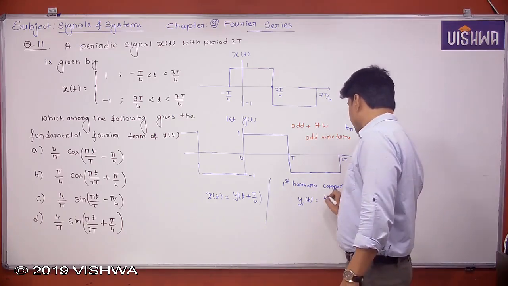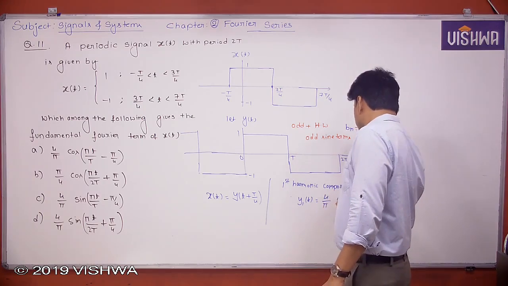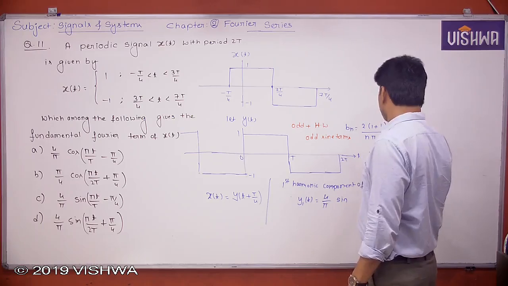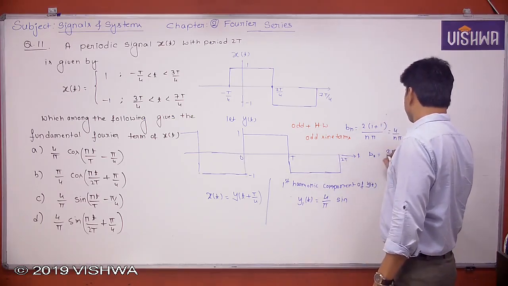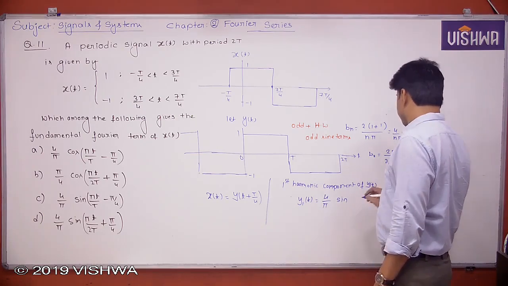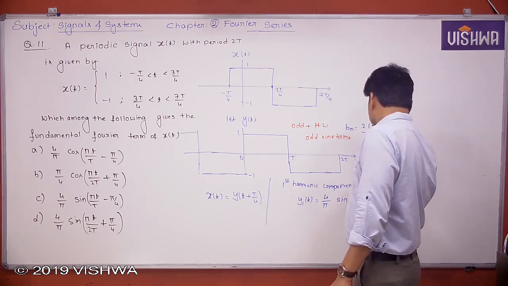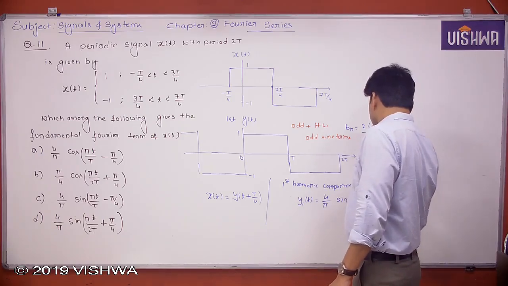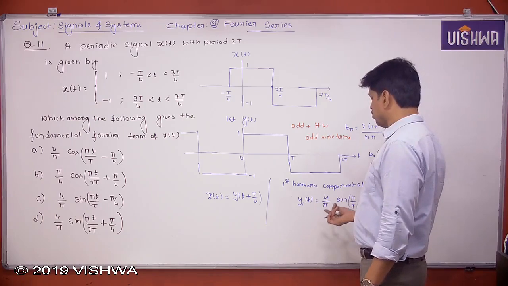So 4 by pi sine, what is the omega naught value? Omega naught is equal to 2 pi by period, that is 2T, that is pi by T. So sine pi by T into t. So this is the fundamental component y1 of t.